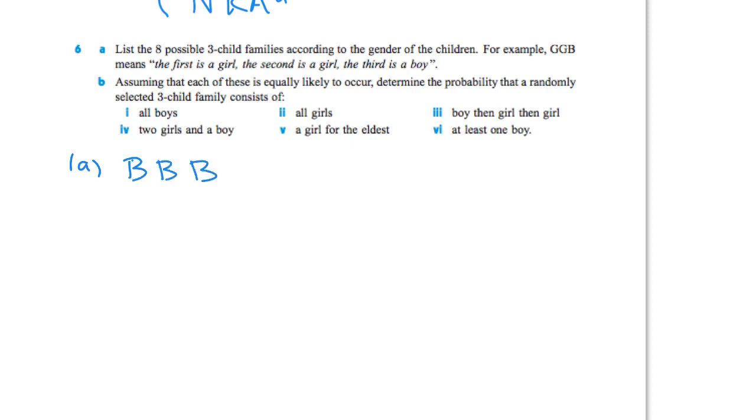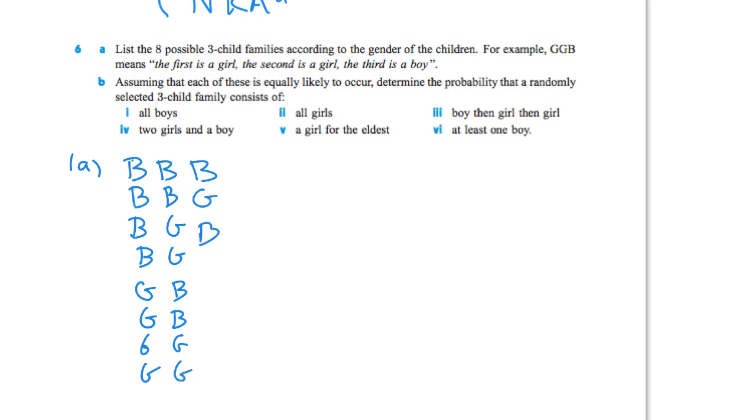And then we're going to finish at the end with girl, girl, girl. Do you remember those true-false logic tables we filled out? There's 8 arrangements here. So I can do 4 B's, 4 G's. And then I can do doubles. And then I do every other.